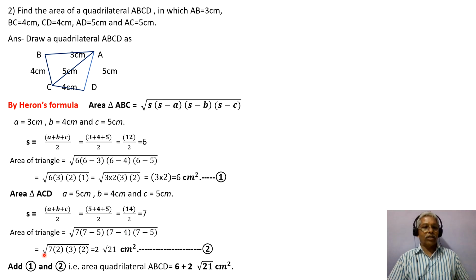So that equals root of 7 into 2 into 3 into 2, that is 2 root 21 centimeter square. Okay, now add 1 and 2. We want the area of the whole quadrilateral ABCD. To add, the total area is 6 plus 2 root 21 whole centimeter square. Don't forget this unit. Okay.